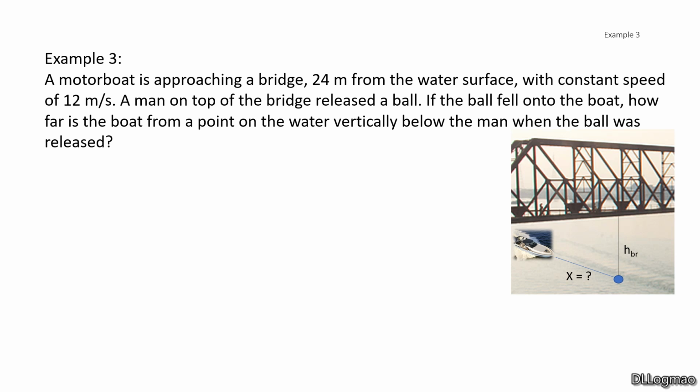In this problem, we will use the symbol for the ball BA, for the boat BO, and for the bridge BR. The given information from the problem are: average velocity of the boat is 12 meters per second, height of the bridge is 24 meters, acceleration due to gravity is negative 9.8 meters per second square.